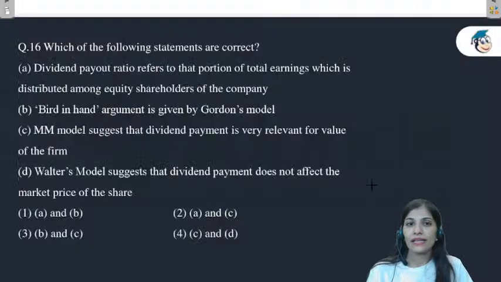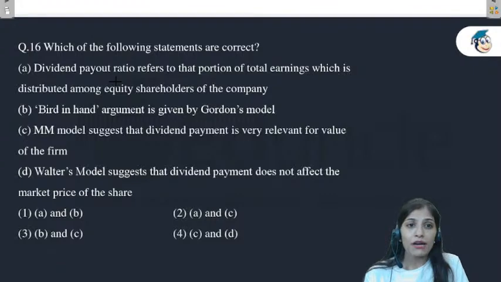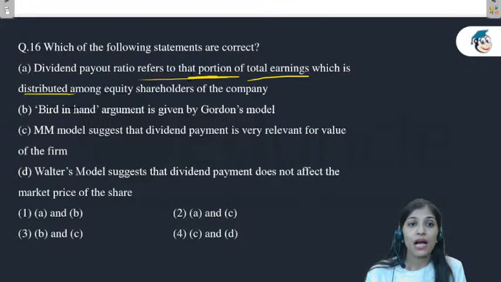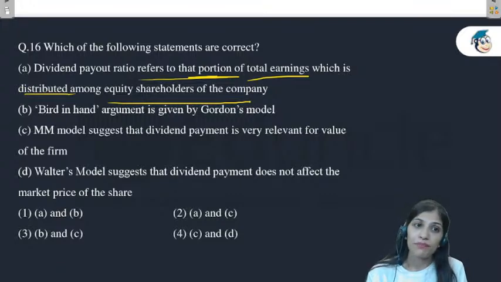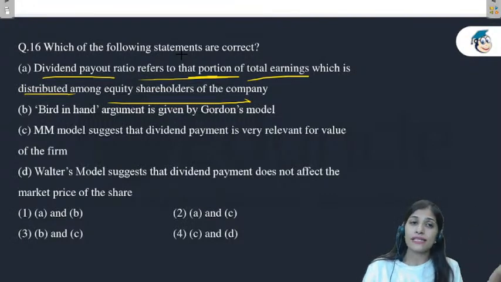Right? Next. Which of the following statements is correct? Dividend payout ratio refers to that portion of total earnings distributed among equity shareholders. The dividend payout ratio is the amount which we pay to the shareholders. The profit is divided into two parts, the dividend and the retained earnings.